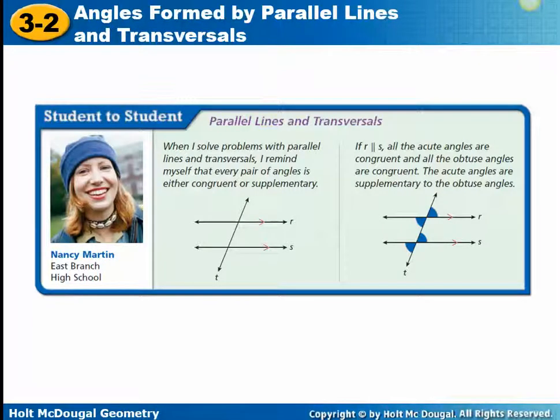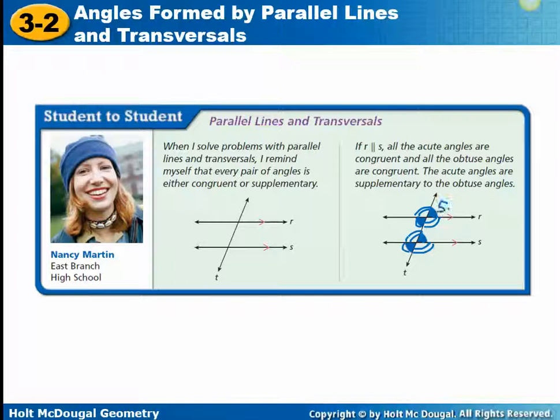This is just a hint from a student from your textbook. It says, when I solve a problem with parallel lines and transversals, I remind myself that every pair of angles is either congruent or supplementary. So all of the small angles, the acute angles, will be congruent to each other, and all of the large angles, the obtuse angles, will also be congruent to each other. So if you only know one angle, you can find all the rest.